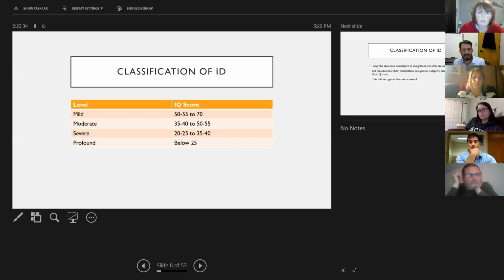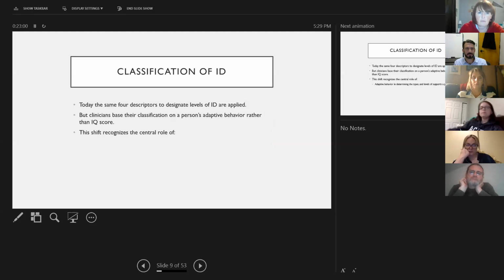So that would be 5 standard deviations away from the mean, which is a very, very small number of people. And I have a slide that shows what that normal distribution looks like. And so we can see the percentage of the population that we would expect to find at these different levels of intellectual disability.